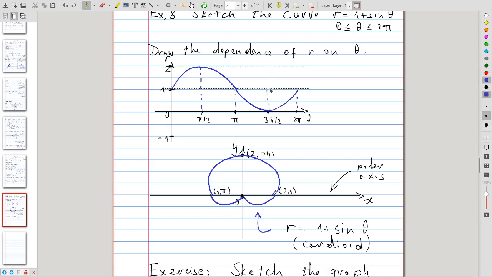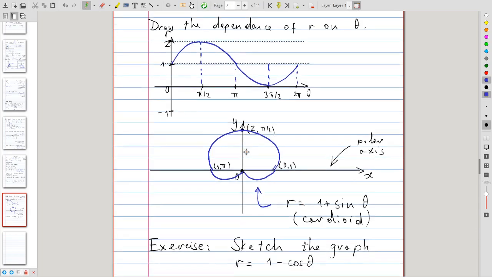And then based on those, you can go on to find the rough shape for the graph in the polar plane itself. So using the sketch of dependence of r on theta and the intercepts, you can then roughly sketch out the shape in the polar plane.